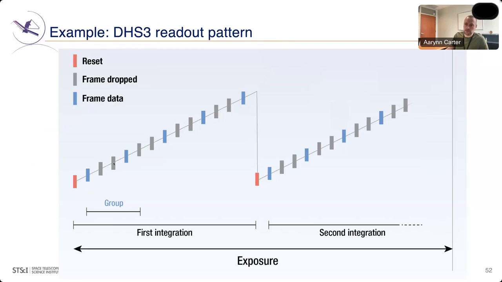The ramp's still counting, the detector is still building up counts, but we're just not recording it to disk. We perform another read and we repeat up our ramp until we've reached the number of groups we wanted to use for this readout pattern. So you can see we've managed to cut off a significant portion of our data volume just by not recording these reads, but we're still getting a similar ramp in terms of the signal on the actual detector.